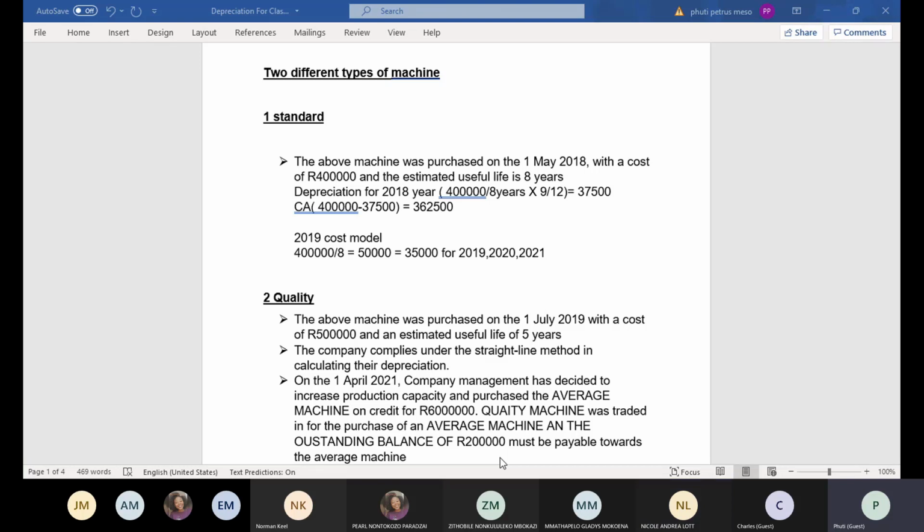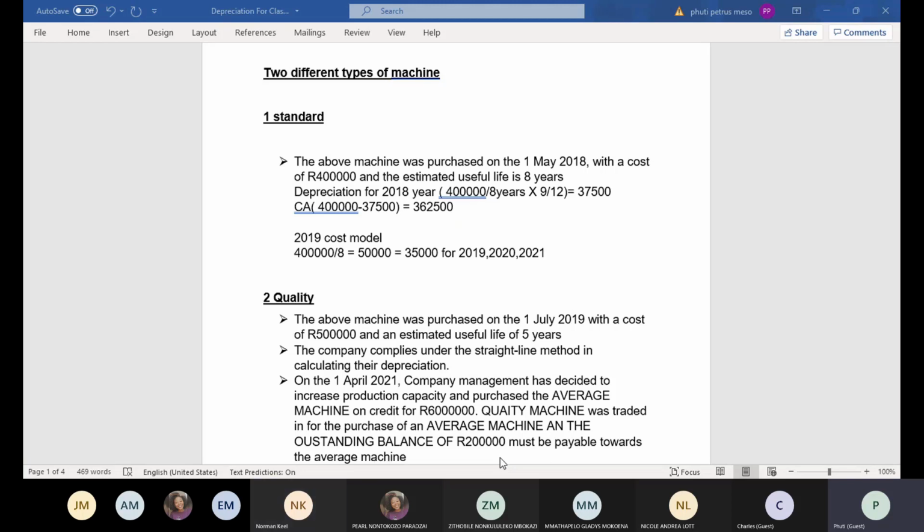Your year end will never be at the beginning of the month in most cases. Should it fall in the beginning of the month, it means that you need to go 1 day back. So if the year end is, which is unlikely to happen, in what you're saying, the 1st of May, practically that would never happen because we deal with end periods.